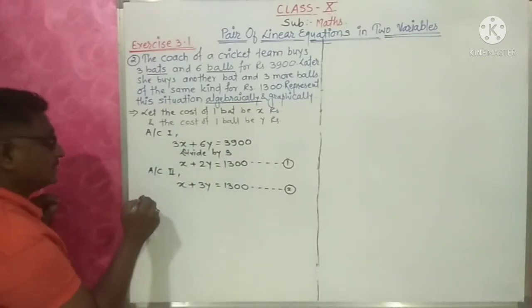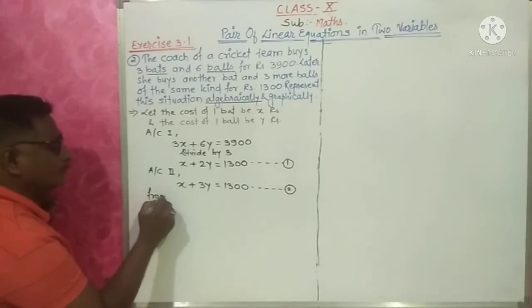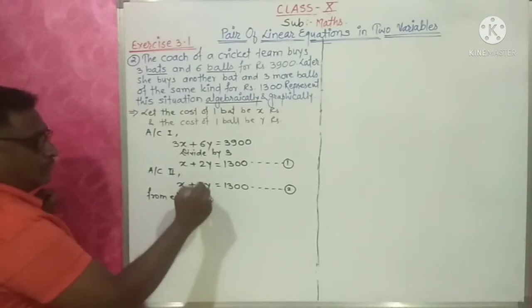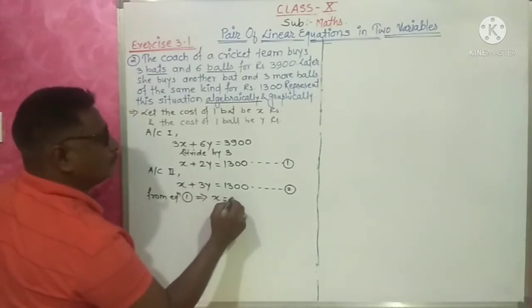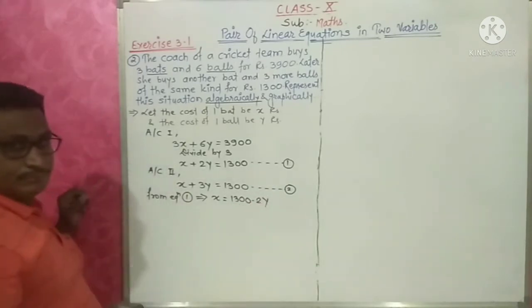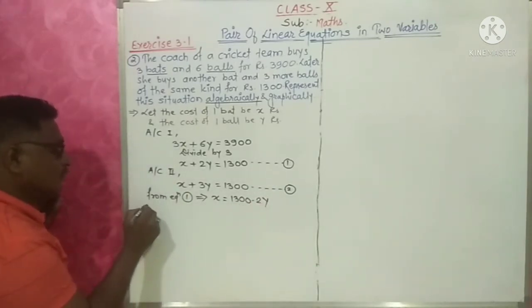Now graphically. For that purpose, from equation 1, what will we get? x equals 1300 minus 2y. So 3 solutions.